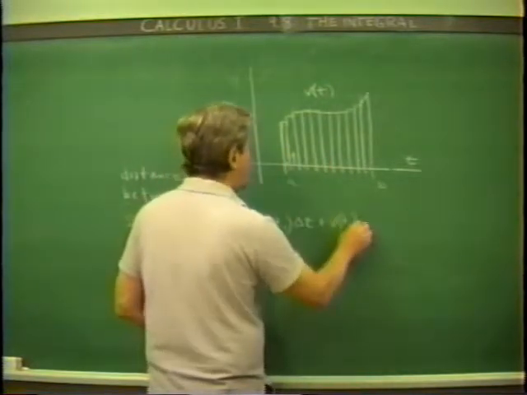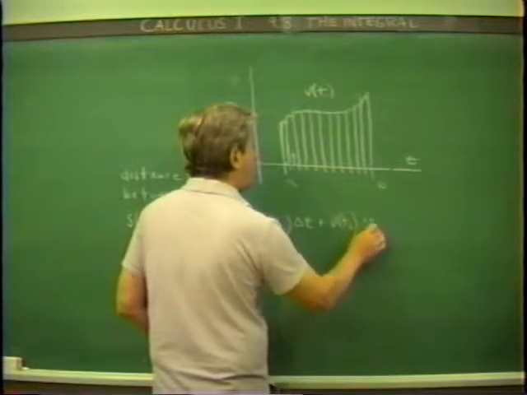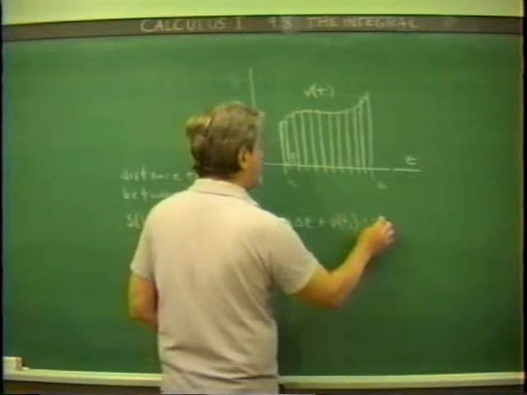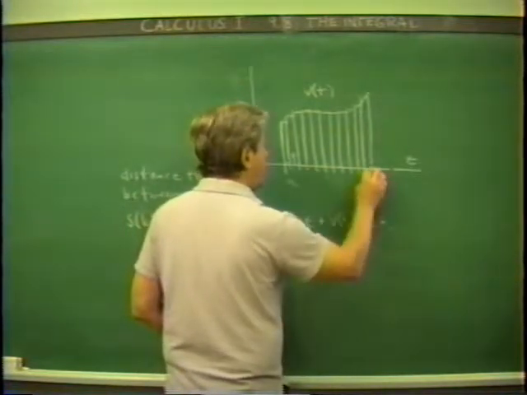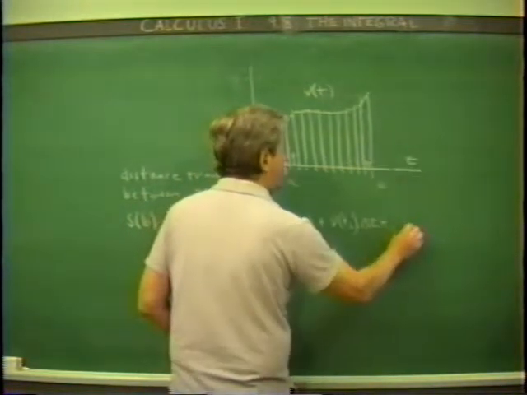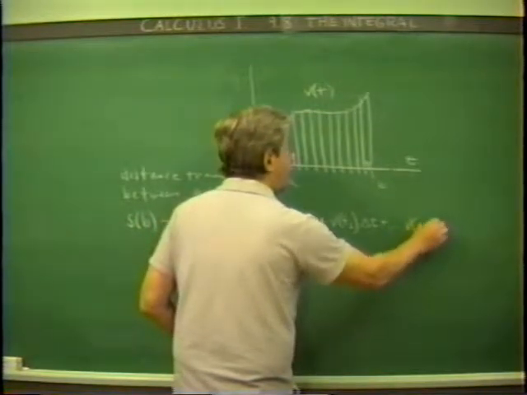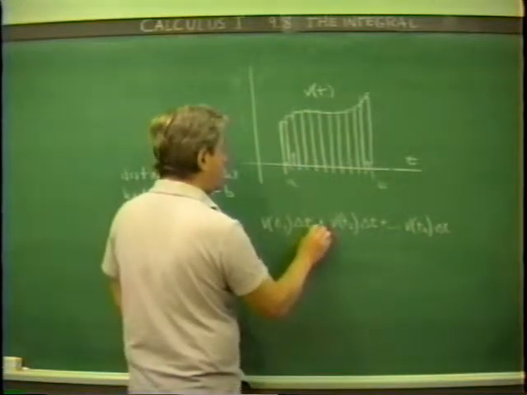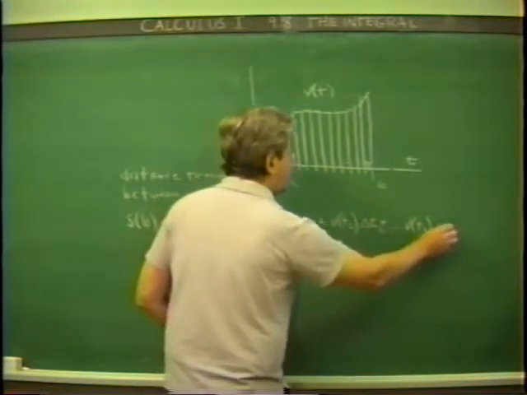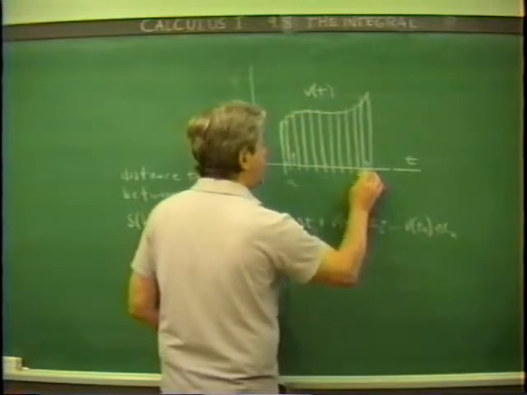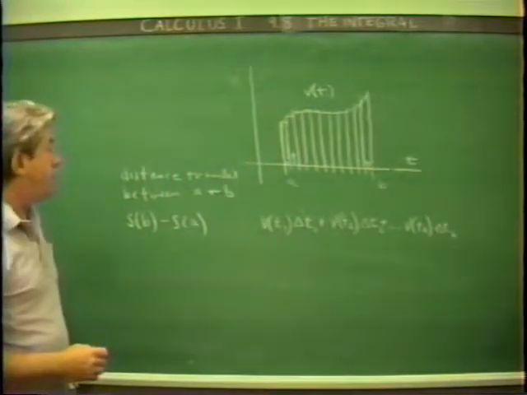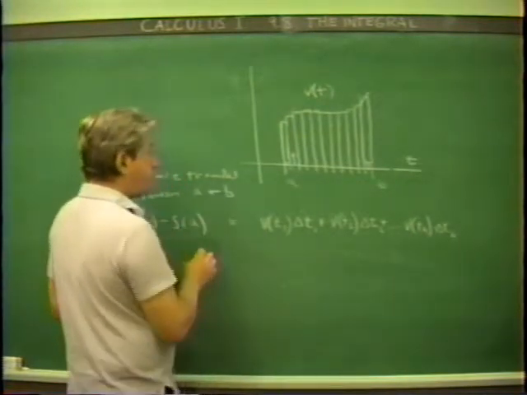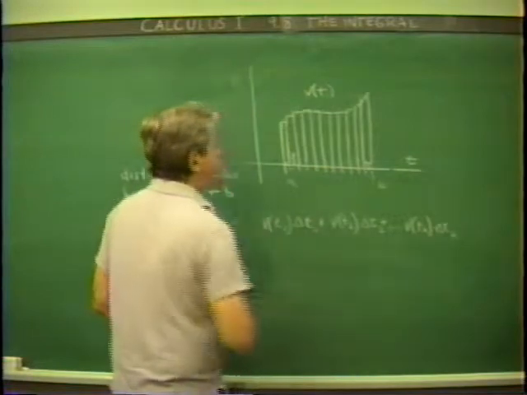Then if we were to add to this v at t2, the velocity at a time in the second interval, times the change in time across that interval, this would be approximately the distance traveled. And so forth. If this was the nth interval, we took the velocity at tn times delta t. Actually, these could be different sizes, so this could be delta t1, delta t2, delta tn. This would be the distance traveled across that little interval approximately. And so this is going to be approximately equal to this.